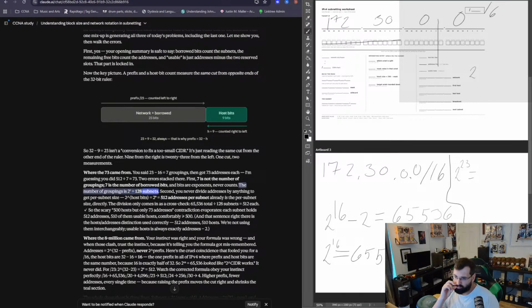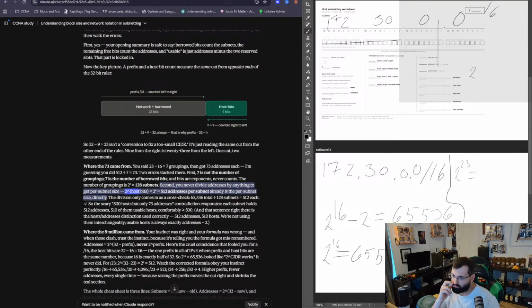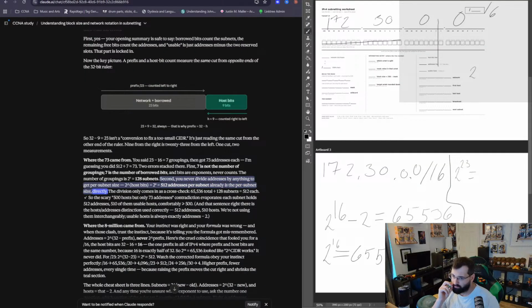2 to the power of 7 equal to 128 subnets. Second, you never divide addresses by anything to get per-subnet size. 2 to the host bits, 2 to the power of 9 equal to 512 addresses per subnet, already is the per-subnet size directly.